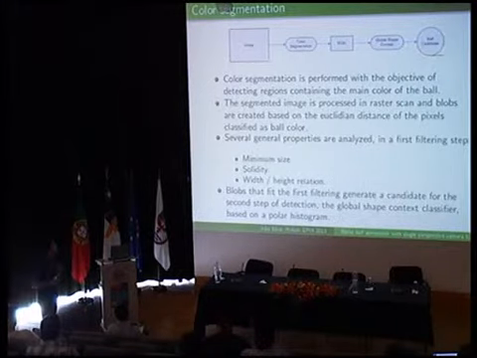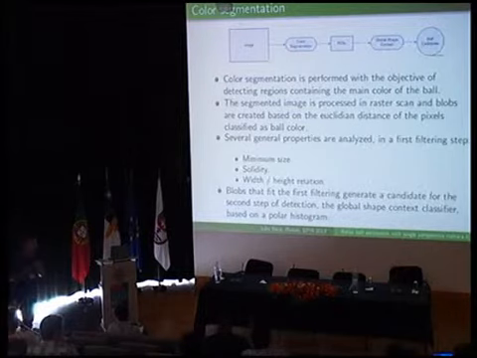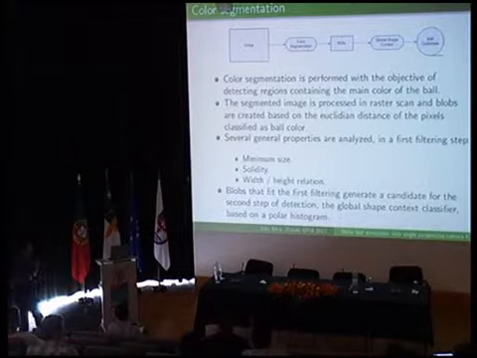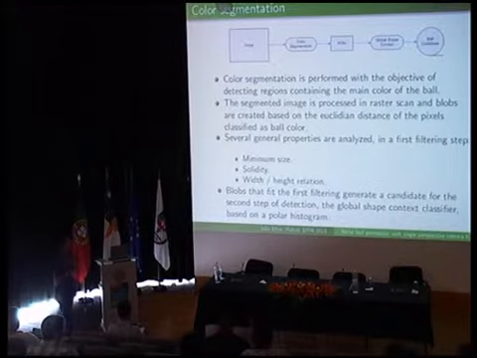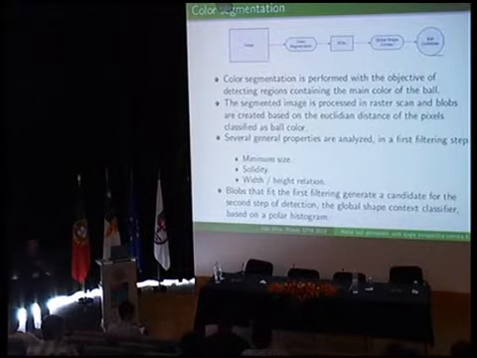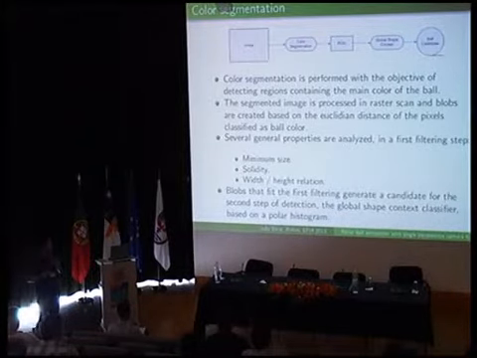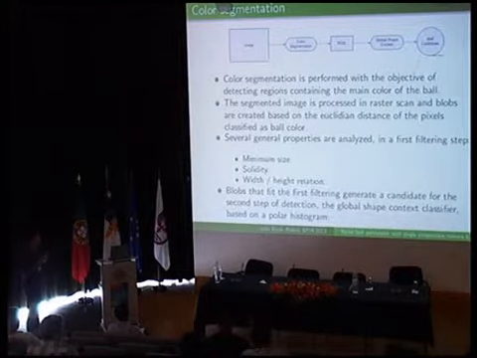Each cycle we have a new image, and then we apply a color segmentation algorithm that detects regions in the image that have the main color of the ball. The segmentation is done by a raster scan, line by line, and blobs of that particular color are built based on the Euclidean distance of the pixels that have the predefined color.